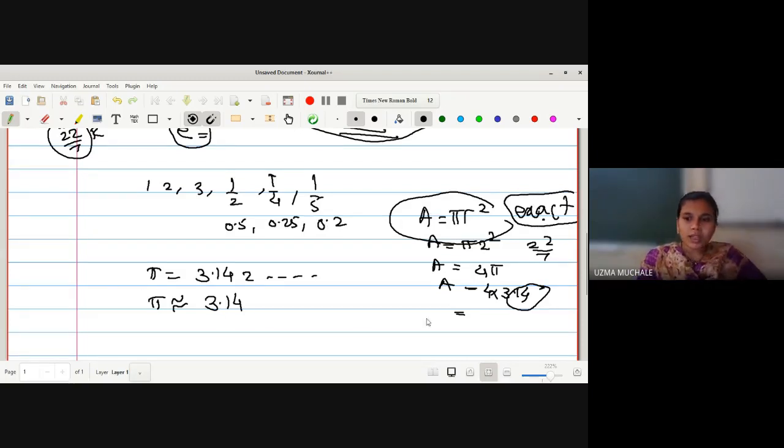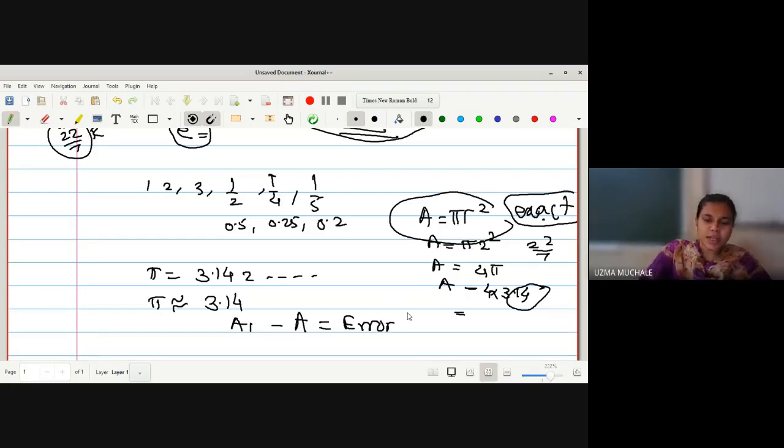So suppose a1 is the approximate value, and a is the exact value of the area of that circle. Whatever the difference between these two, we can say it is an error. Why has this error been generated? Because we haven't taken the exact value of pi.